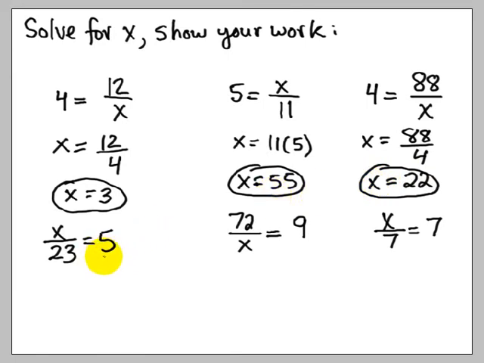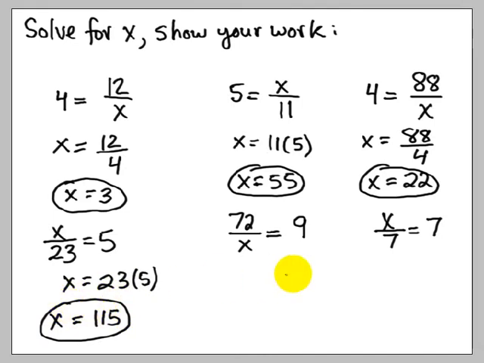Let's imagine we put over 1 here. Then we would have x being equal to 23 times 5 divided by 1. But there's no use in writing divided by 1 since it doesn't change anything. 5 times 20 is 100, 5 times 3 is 15, and 100 plus 15 is 115. So that's our answer there. What about this one?